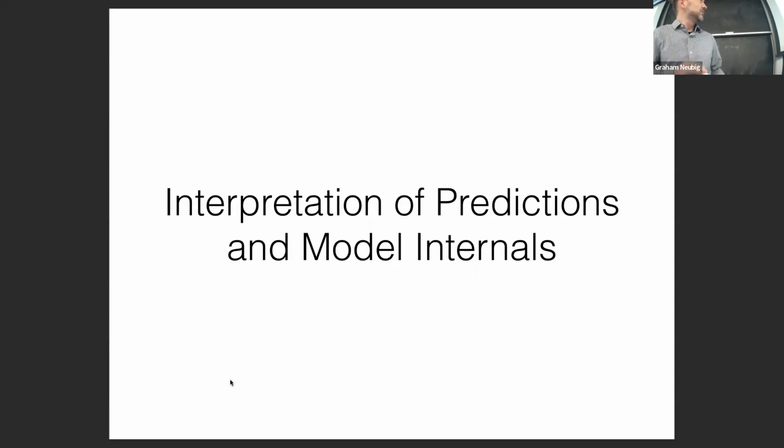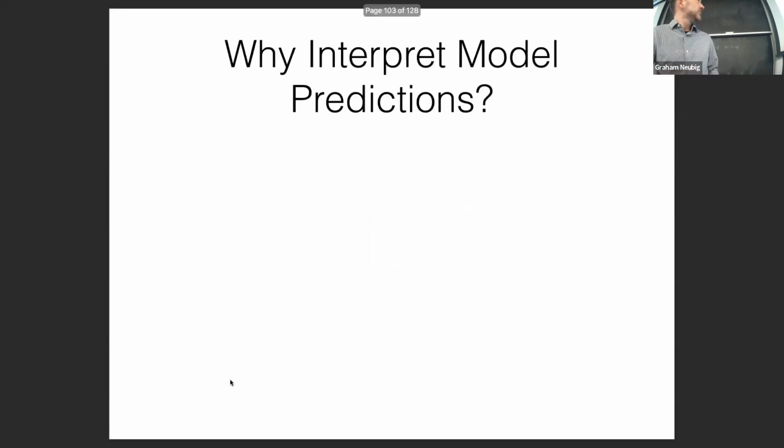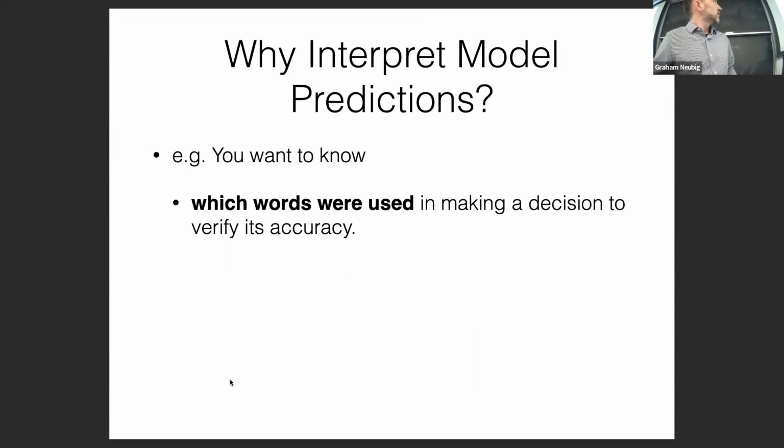Okay, interpretation of predictions and model internals. So why do we want to interpret model predictions? There's a bunch of different reasons. We might want to know, for example, let's say we're training a text classifier that's trying to sort resumes based on whether the person should be given an interview at a company.